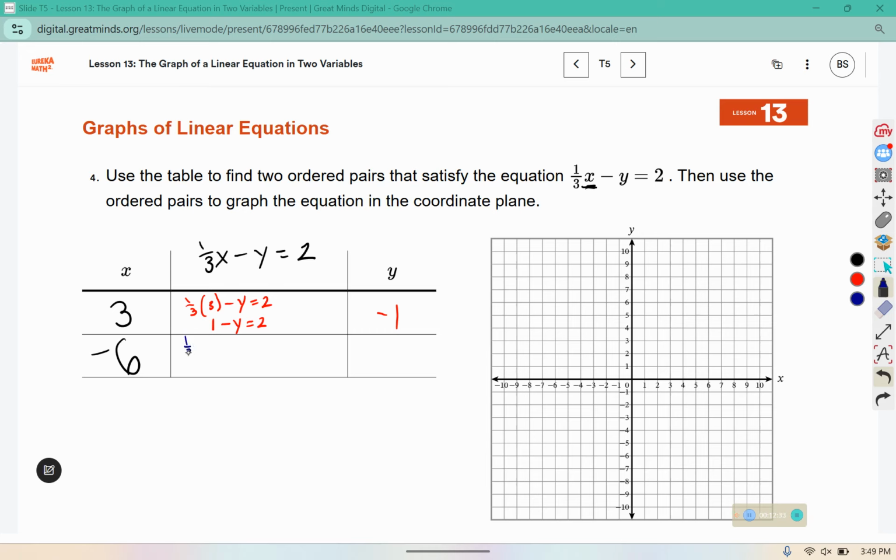Here I have 1/3 of negative 6 minus y equals 2. Well, 1/3 of 6 is 2, so 1/3 of negative 6 is negative 2.